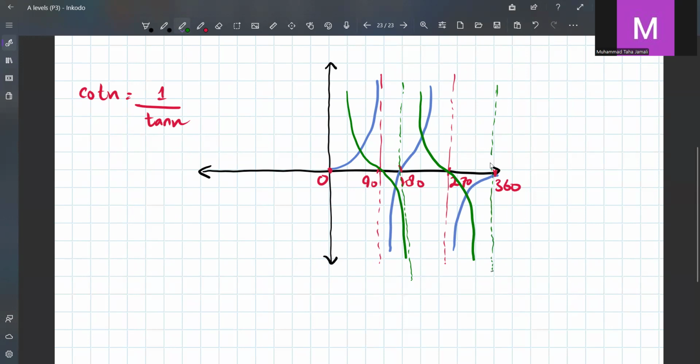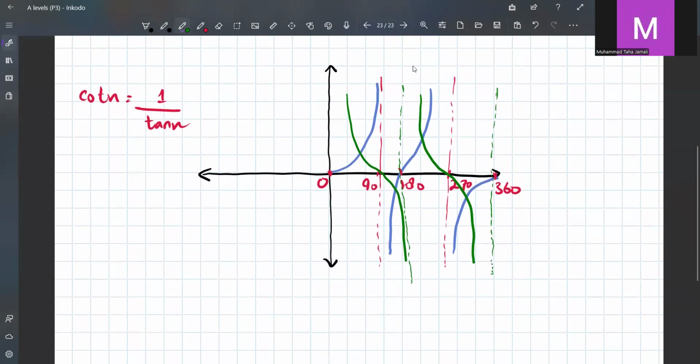I know this looks a bit all jumbled up. I will draw a neater version just below it.